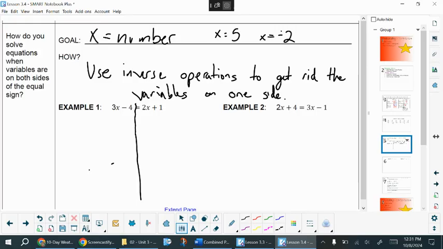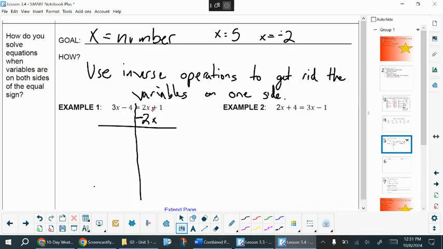So I'm going to start out by drawing a line down the middle there. And what I always do is I look for the smaller of the two variable terms. So I've got 3x and 2x. The 2x one is smaller, so I'm going to get rid of that. If I have a positive 2x and I add a negative 2x, or I subtract 2x, 2x minus 2x makes 0.